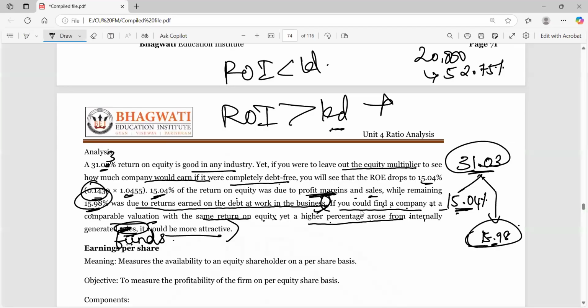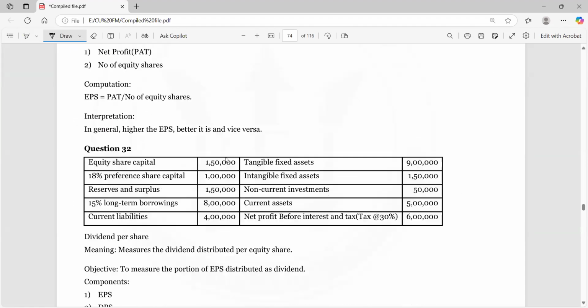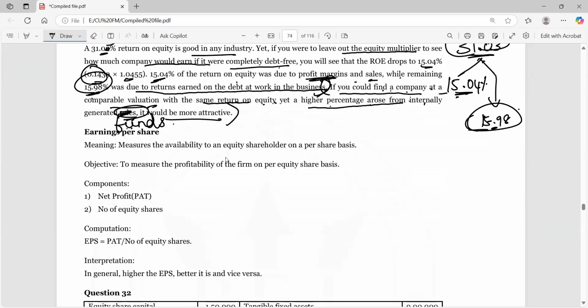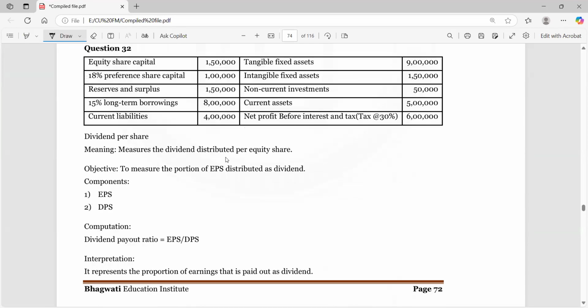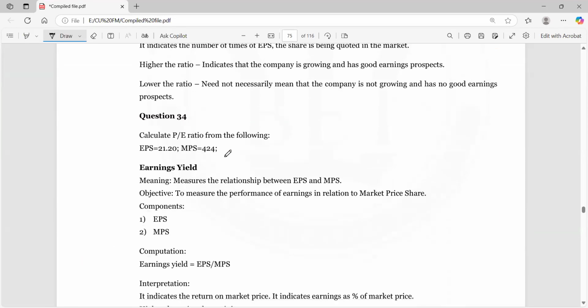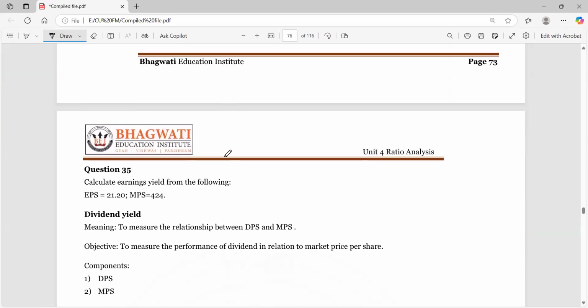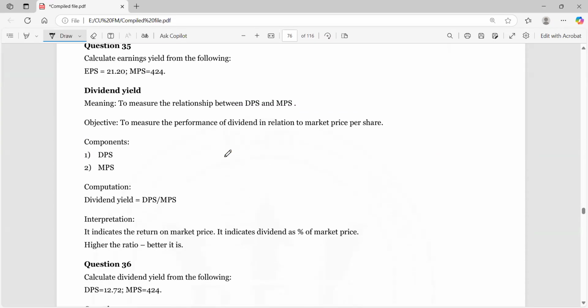Did you all understand? Now, shall we start with the exam questions? At least we will solve one question and then we can leave. From question number 32 to question number 36, I'm ignoring.